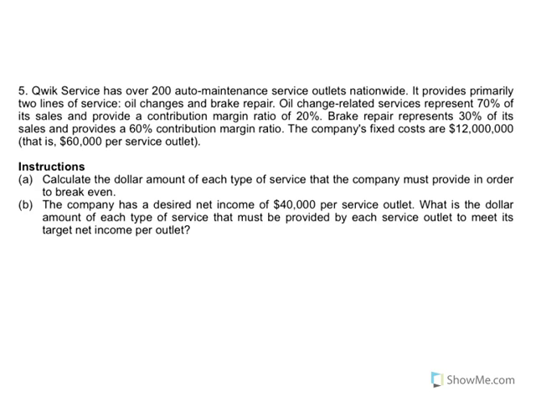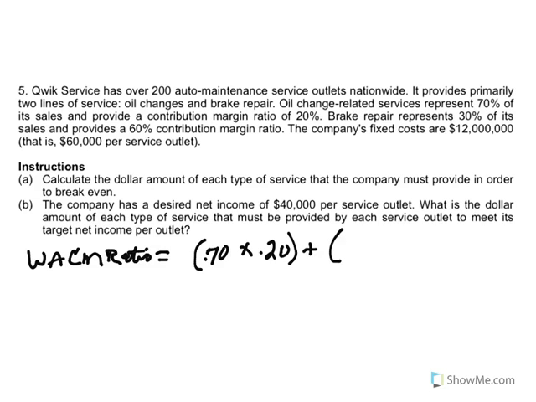Okay, now what we need to begin with is the weighted average contribution margin, and if we're talking dollars, then it has to be the ratio, which is equal to oil being 70%, 0.7 times the contribution margin of 0.2, plus brakes being 30% of the sales mix times the contribution margin ratio of 0.60, and that equals 0.32.